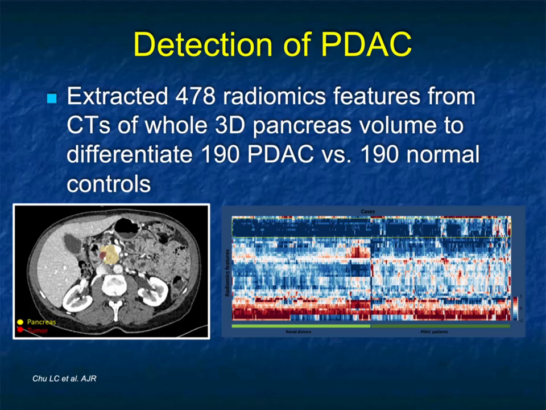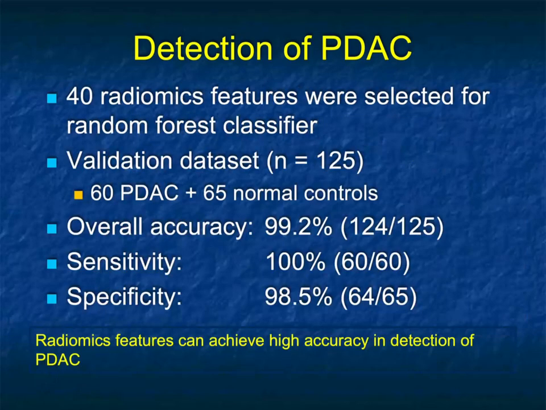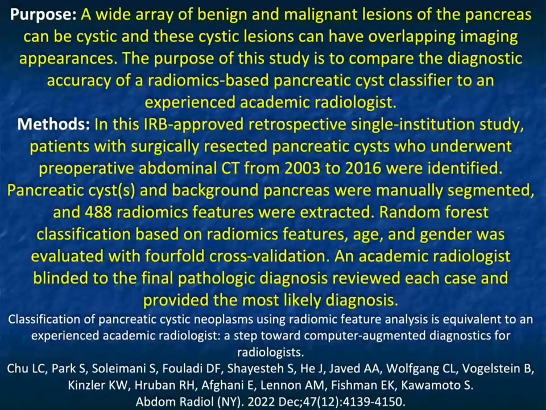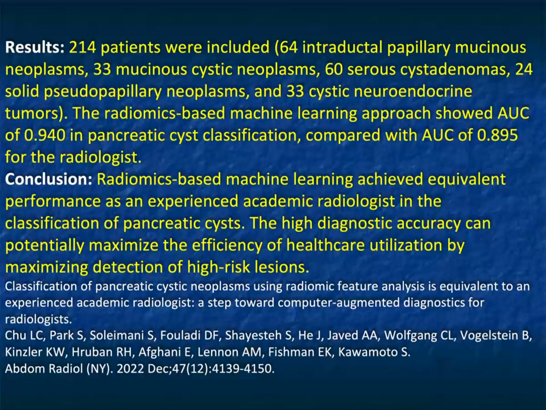And here's just from our article about PDAC, showing the signature being different for normal patients versus patients with PDAC. And you can see the accuracy, high 90s, accuracy 99.2%, sensitivity 100%, specificity 98.5%. Indeed, very impressive numbers. We've also used radiomics as a way of looking and classifying cystic neoplasms, and it was just as good or better than an experienced radiologist.